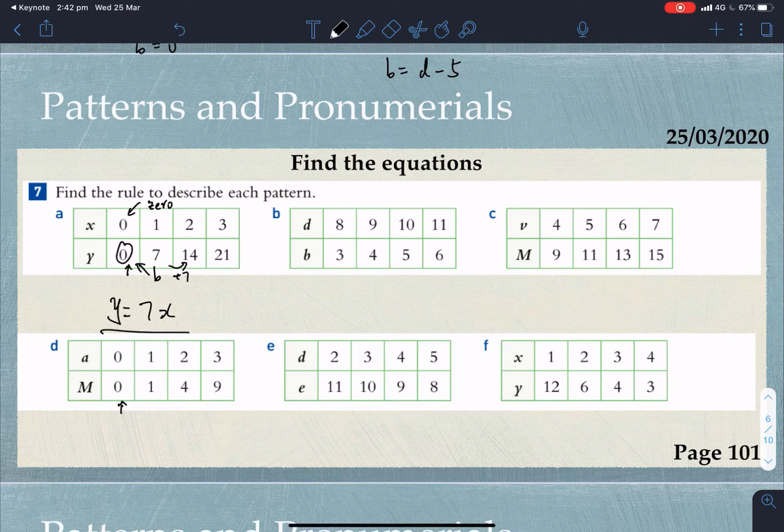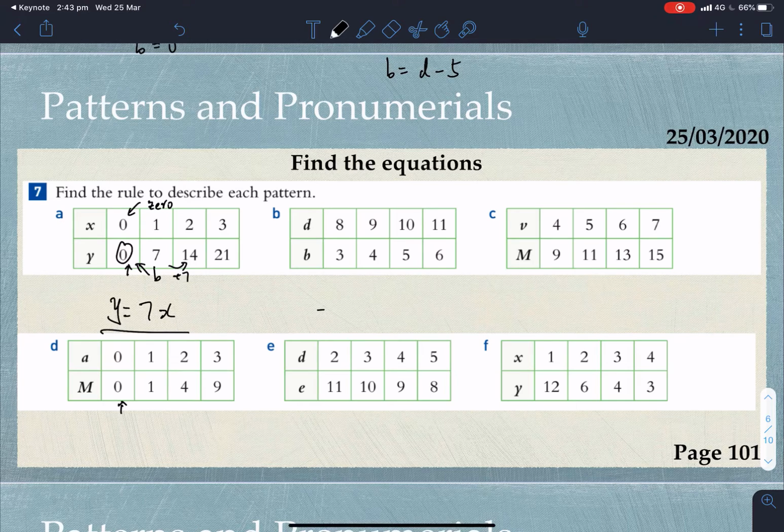Right, I'm going to start writing the equation now. So B equals to... alright, let's do the easy one first. So this one here, top is 0, bottom is B, so we know B is 0. So all we need to do is look at the changes on the bottom. That changed by 1. That changed by... oh, that changed by 2.